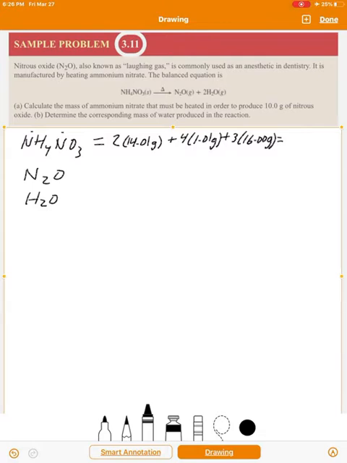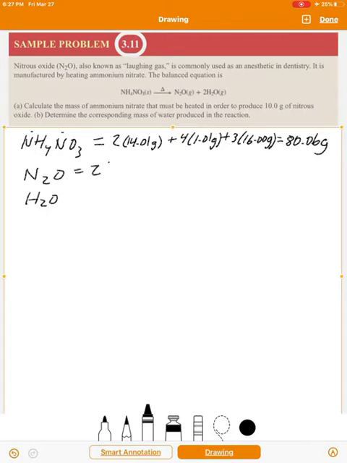So that's 28.02 plus 4.04 plus 48.00. And you get 80.06. So that's how much 1 mole of ammonium nitrate weighs.